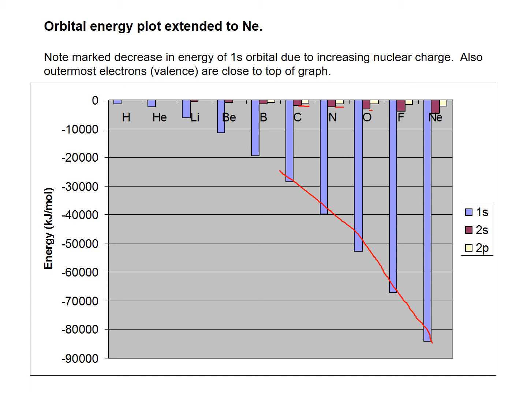But then we start filling the 2p subshell shown in yellow. And again, we go down in energy as we go across a row of the periodic table. So the ionization energy effectively goes up as I go across a row of the periodic table. But when I get to a new row, it drops considerably because I'm filling a new shell.